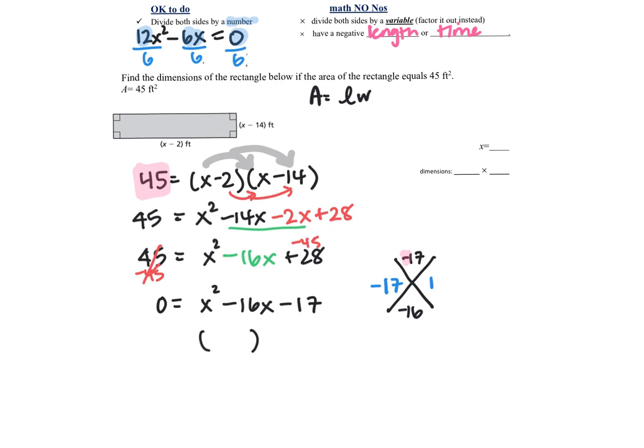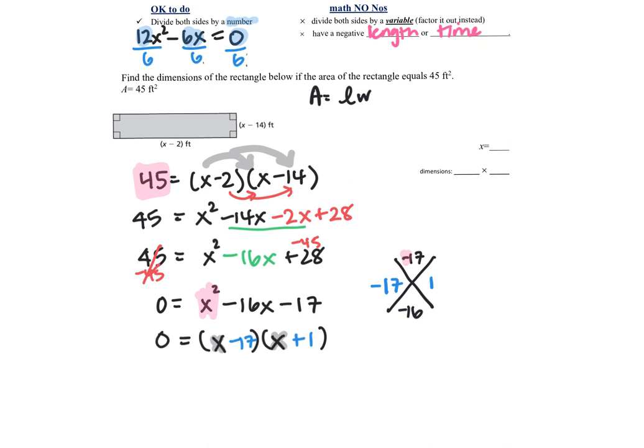We're going to get our parentheses. X squared is going to be x and x. And to make the 17, we know we need a minus 17 and a plus 1. This all equals 0.